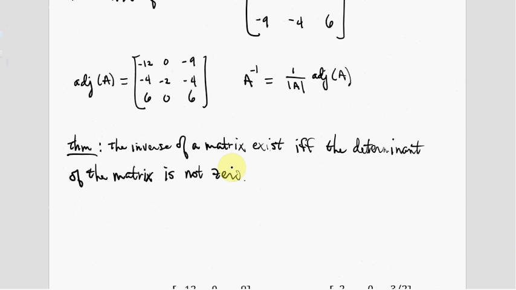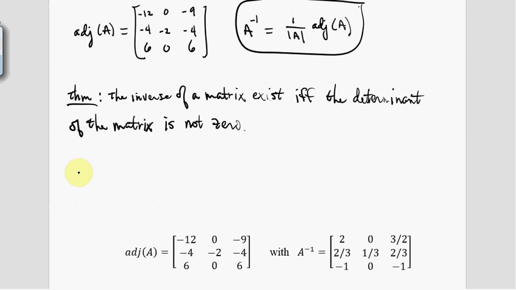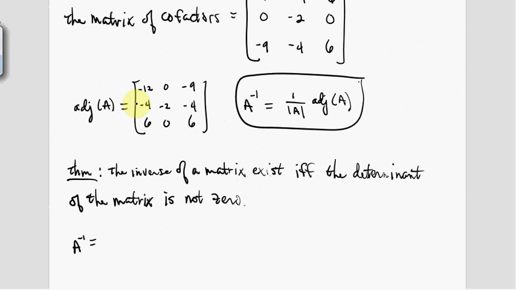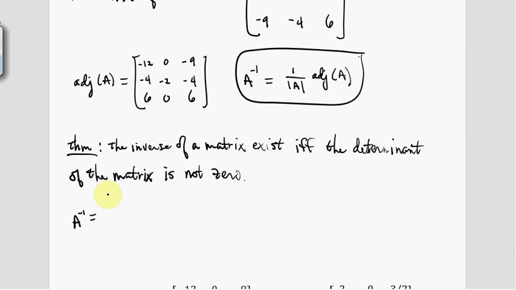So now we use the Adjoint Theorem, and we find the inverse. We divide each term in the adjoint by the determinant, and the determinant we got was -6. So it's -12 divided by -6.